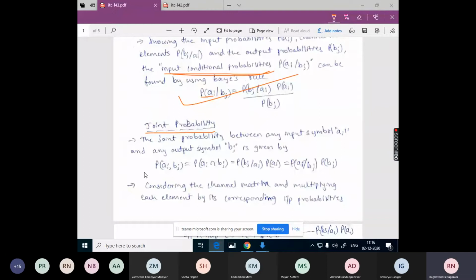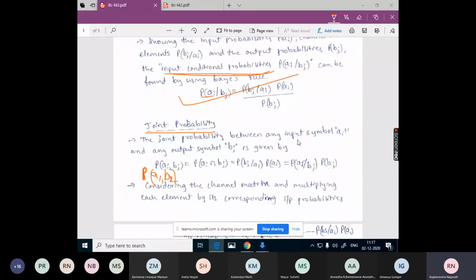For example, P of A1, B1 is the probability that A1 is transmitted and B1 is received. And for A1, B2: what is the probability that A1 is transmitted and B2 is received at the receiver side? These are the joint probabilities.